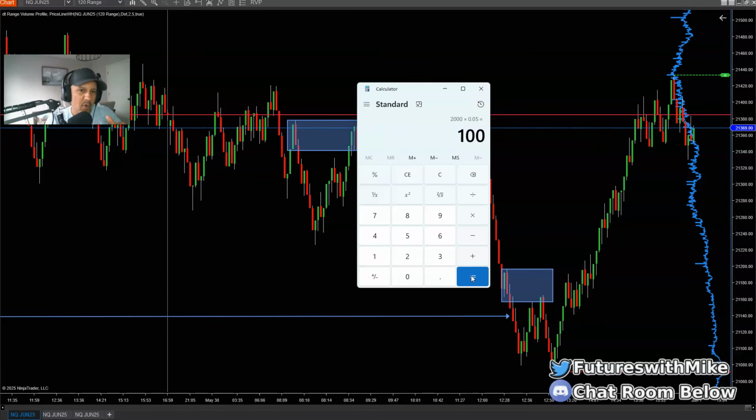Keeping the same rule, 1-to-1, 12.5 point stop, which is basically 50 ticks, and looking to make $100, 1-to-1. So if we do that times 5 times 4 weeks in a month, basically about 4.3, that's $2,000. So now in month 3, you made $2,000. So in total now, you can carry over $4,000 going into month 4.